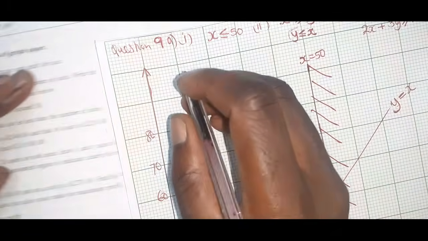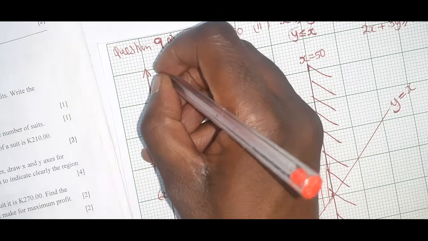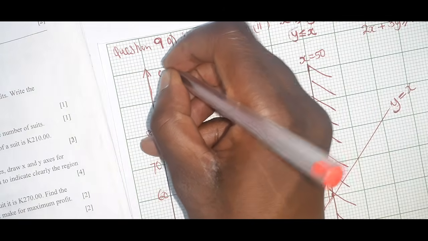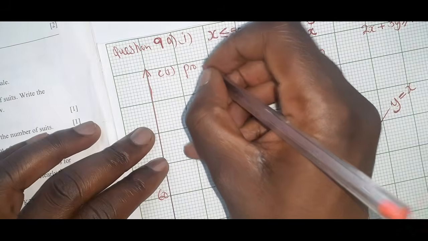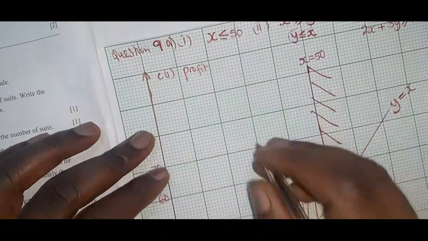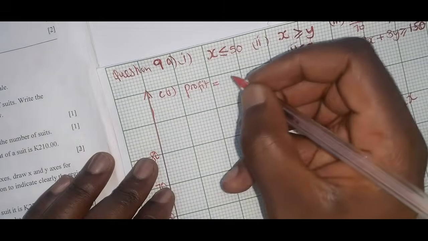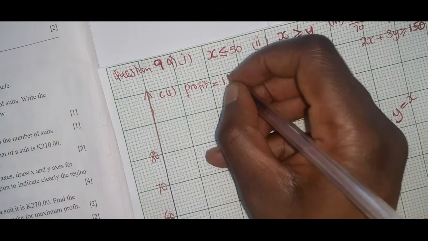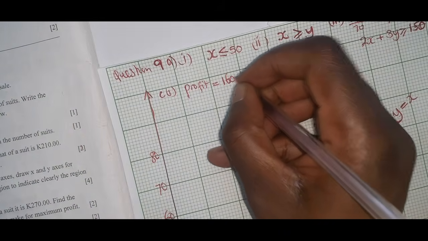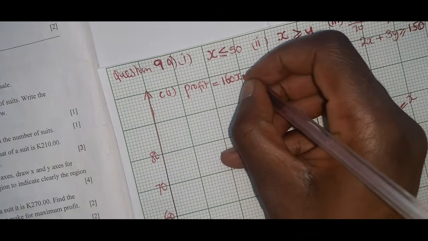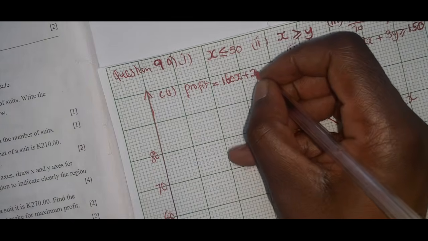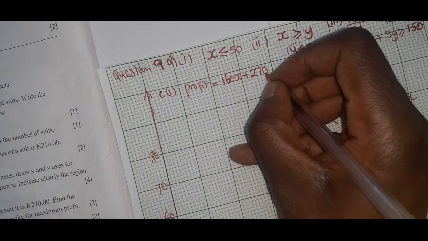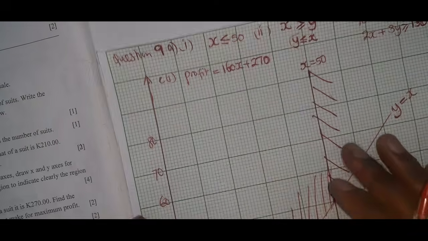First of all, we write profit: on each dress, which is x, it's 160, plus on each suit, it's 270. That is the profit function.